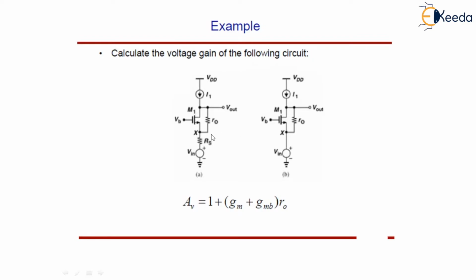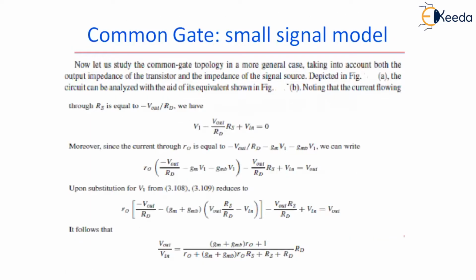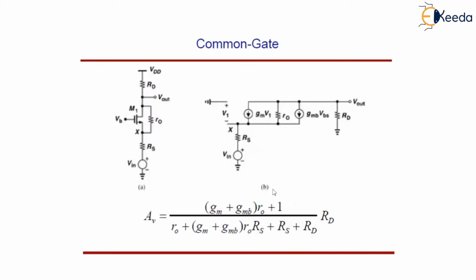Thus again Rs will be 0. So the voltage gain will reduce to 1 plus gm plus gmb R0. Let us see why: the equation for the voltage gain is this. In this case RD is 0 and Rs will also be 0. RD is infinite, I must say.